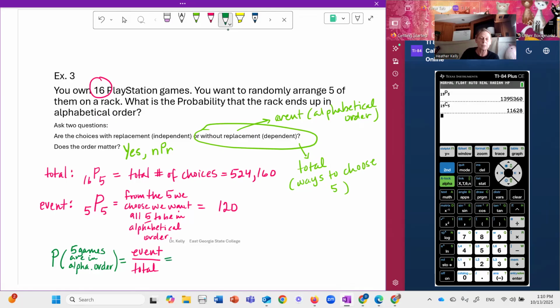And in this case, it's going to be 120 over 524,160. And when we do that math there, we get 2.29 e to the -4.